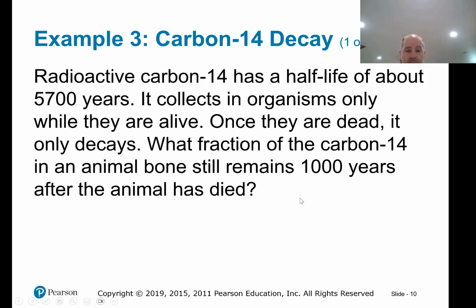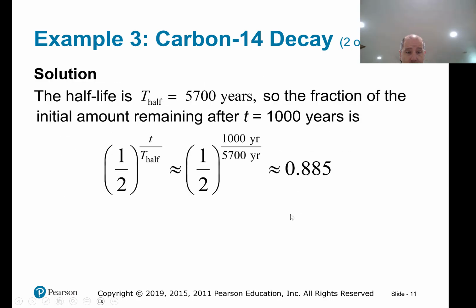Okay, now let's look at this. So, it dies, right? So we can look at the percentage of carbon-14 that is in the bone. So if we look at this, the half-life is 5,700 years. So the fraction of the initial amount remaining after 1,000 years is given by this. If we use this factor, just like we did before, we take the time, which is 1,000 years, divide it by the half-life or the halving time, and we get 0.885.